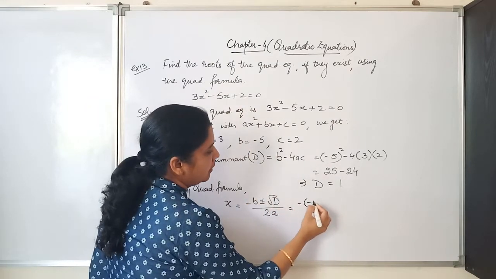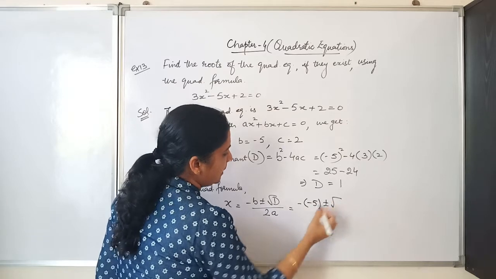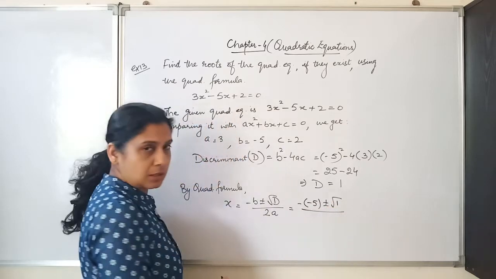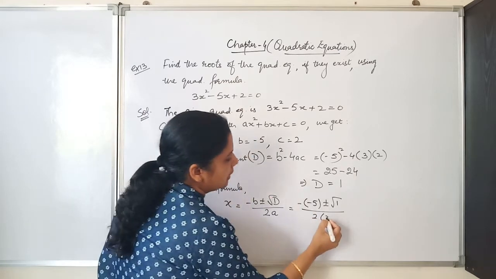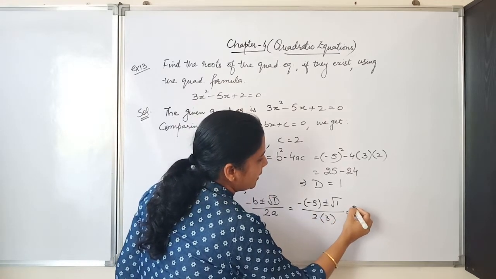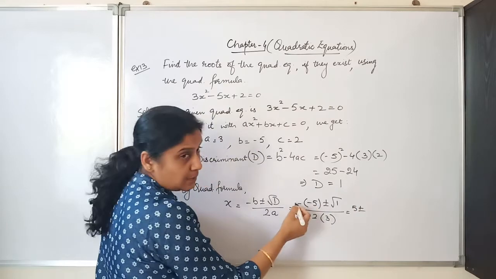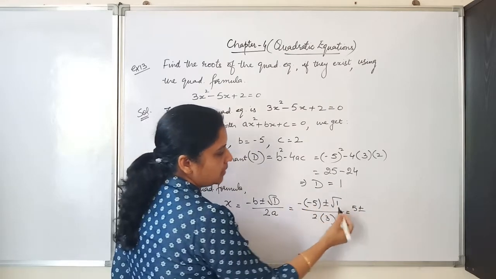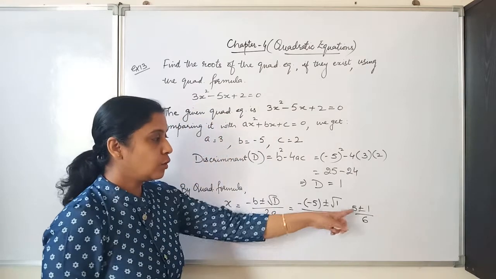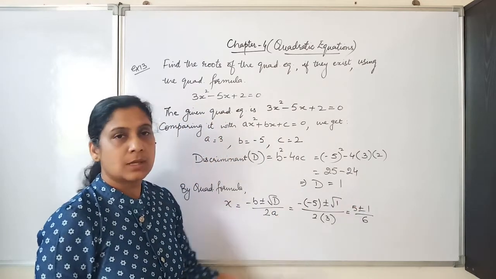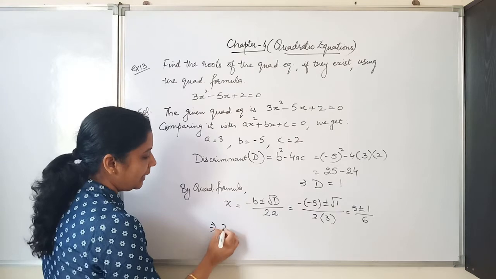Minus of minus 5 plus minus under the root 1 divided by 2 into a, 3. So it is 5 plus minus root 1, which is 1, divided by 2 3s are 6. So I have to take two cases. One will be positive and another will be negative.